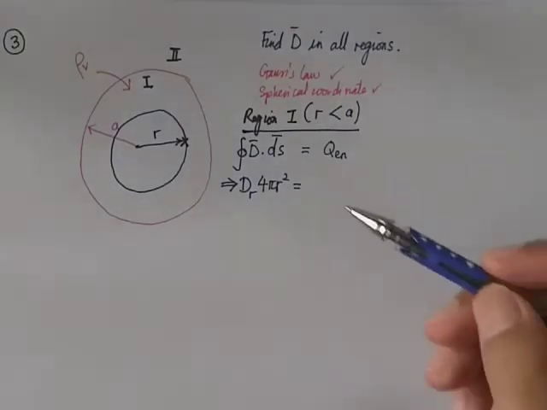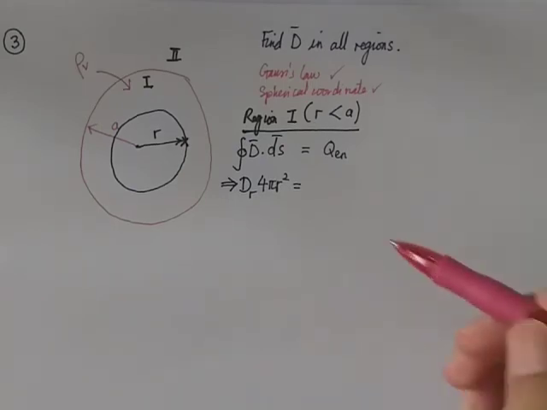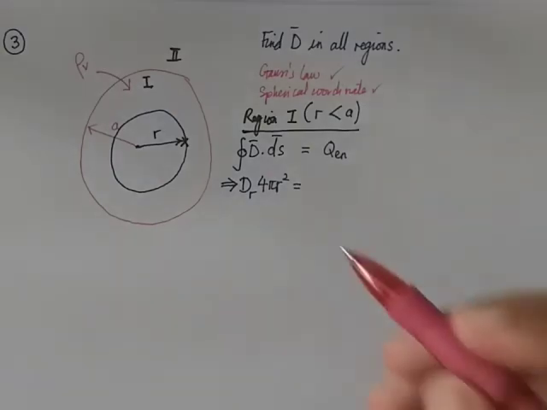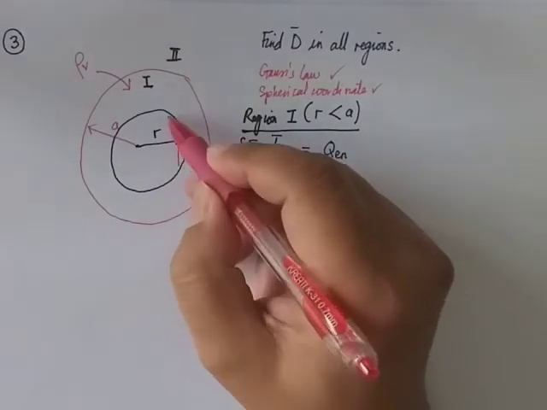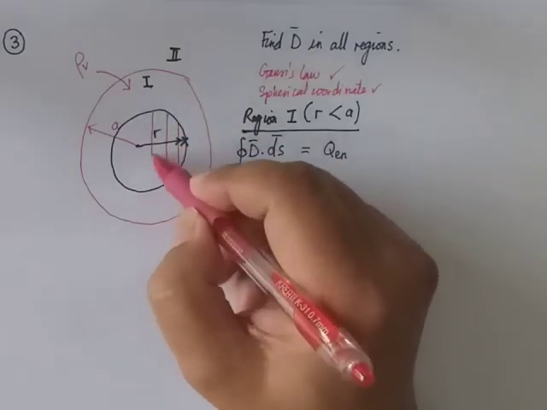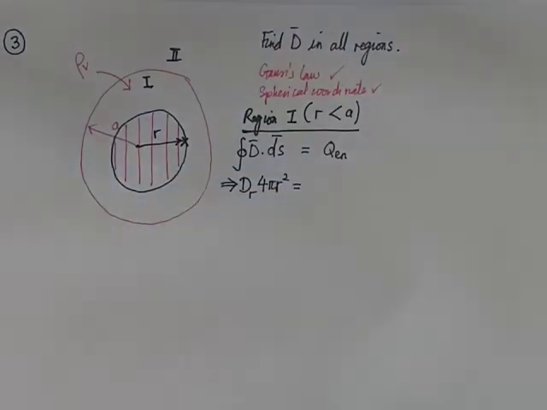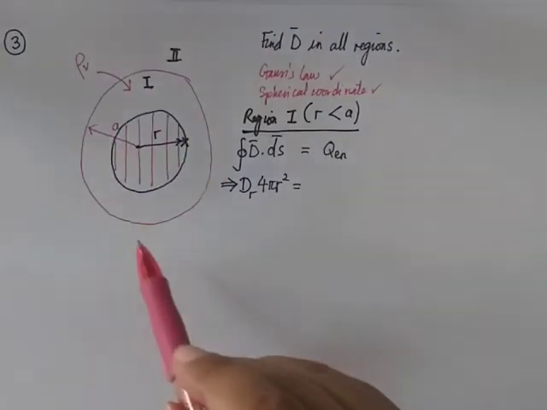Okay, I'm going to focus on the Q enclosed now. This is very, very important for you to see this argument. Q enclosed means the charge located within the Gaussian profile. So that should be my charge of interest. Is there charge located here? The answer is yes, because this is a volume charge.